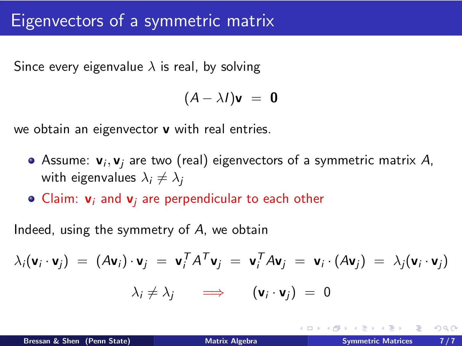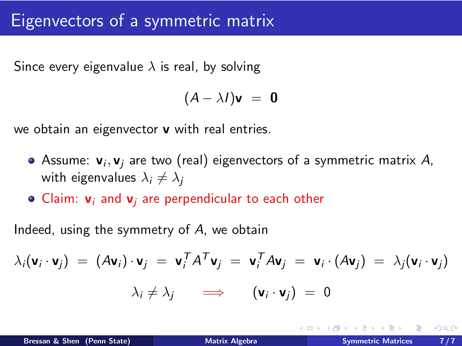So this number does not equal that number. And then you want this product to equal that product, and the only possibility is that this number must be 0. So Vi inner product Vj must be 0, proving that Vi and Vj are perpendicular to each other.